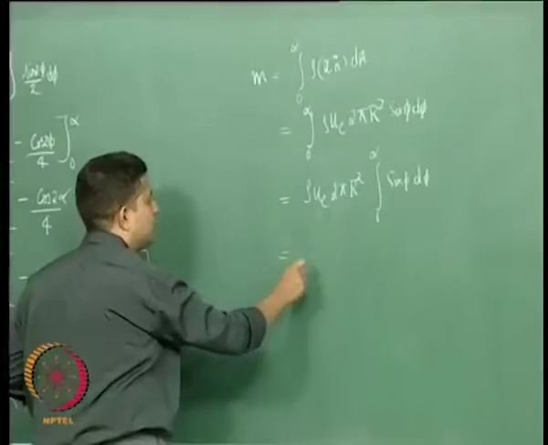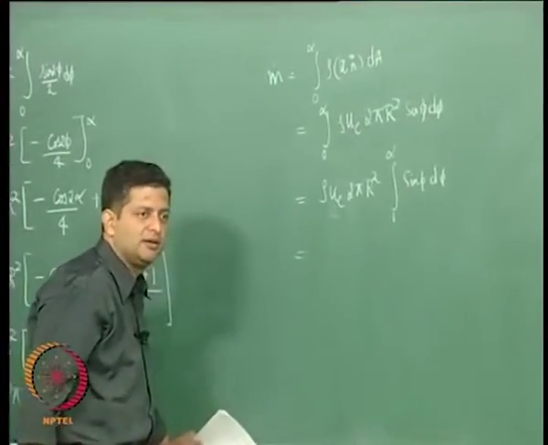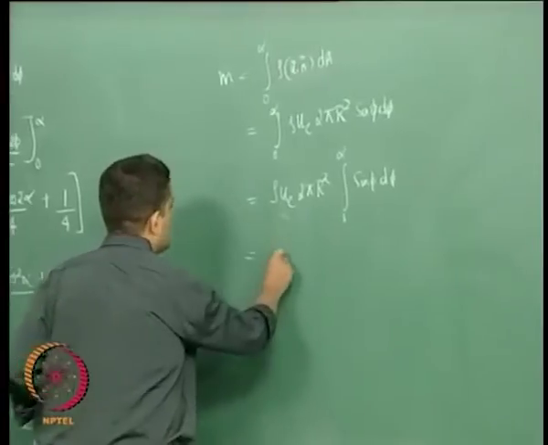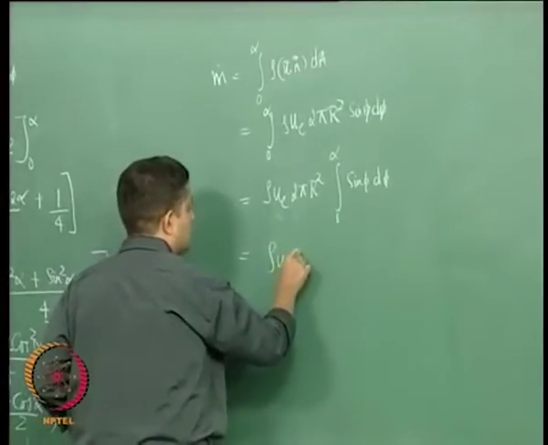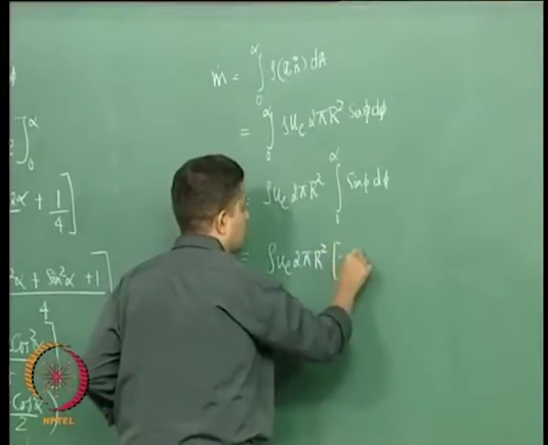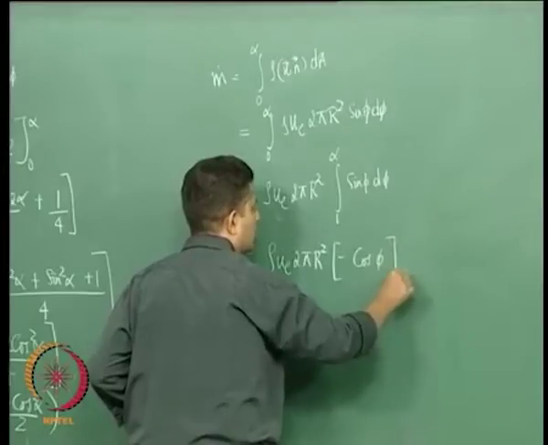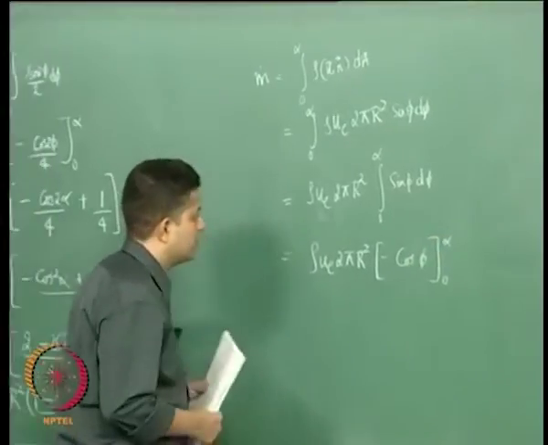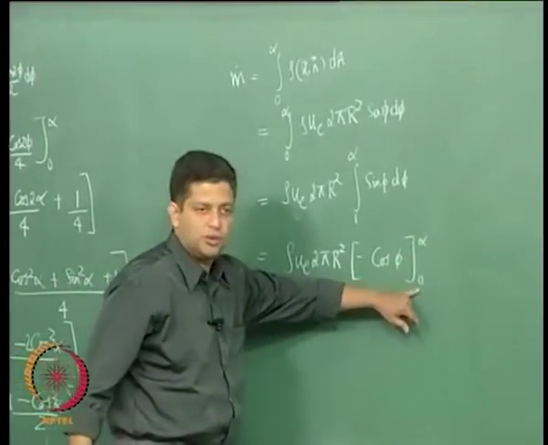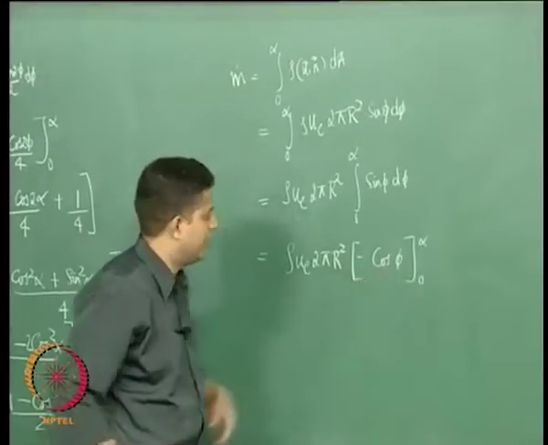So, this would be minus cos phi, and so you will get 0 is 1 minus cos alpha is what you will get here.